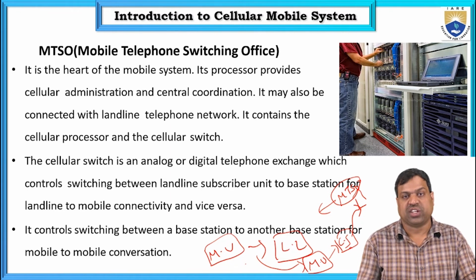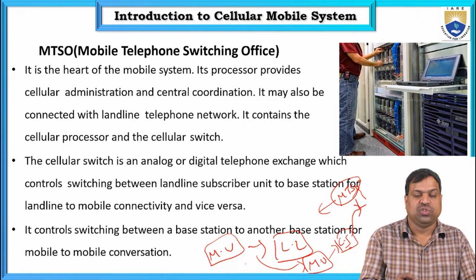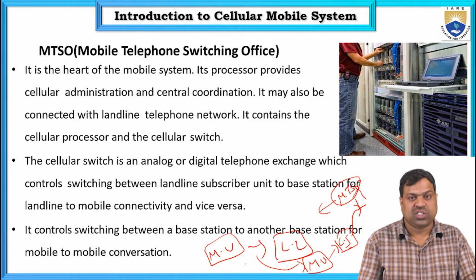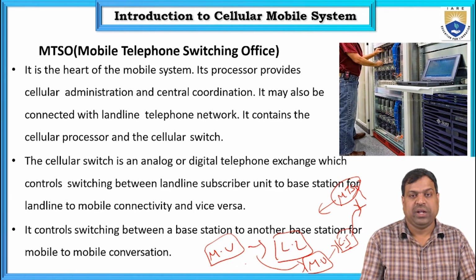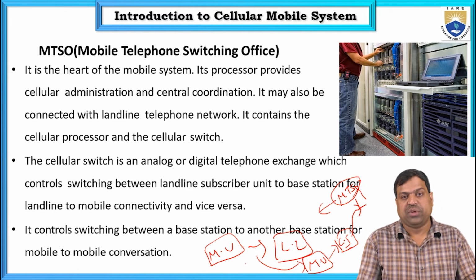Depending on the network, it will be calculated and an acknowledgement message will be sent to the caller with the call duration and billing. All of this is seen at the MTSO, which is the billing section, administration, call recording and call monitoring.